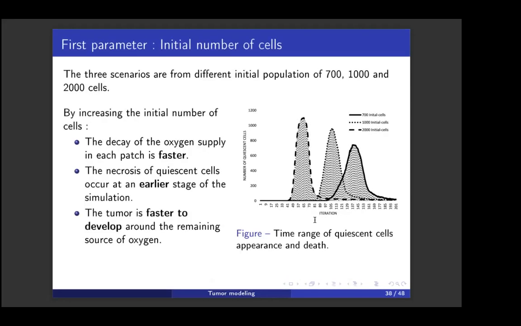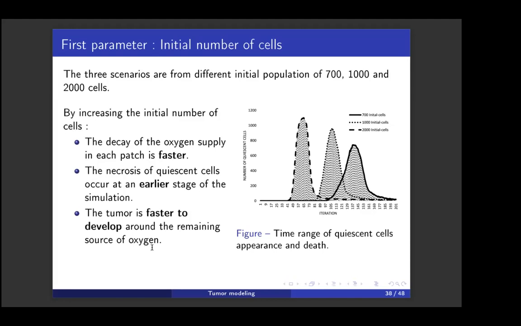The first parameter is the initial number of cells. We suppose only 700 cells, 1,000 cells, and 2,000 cells. By increasing the initial number of cells, the decay of the oxygen supply in each patch is faster. The necrosis of quiescent cells occurs at an early stage of the simulation.